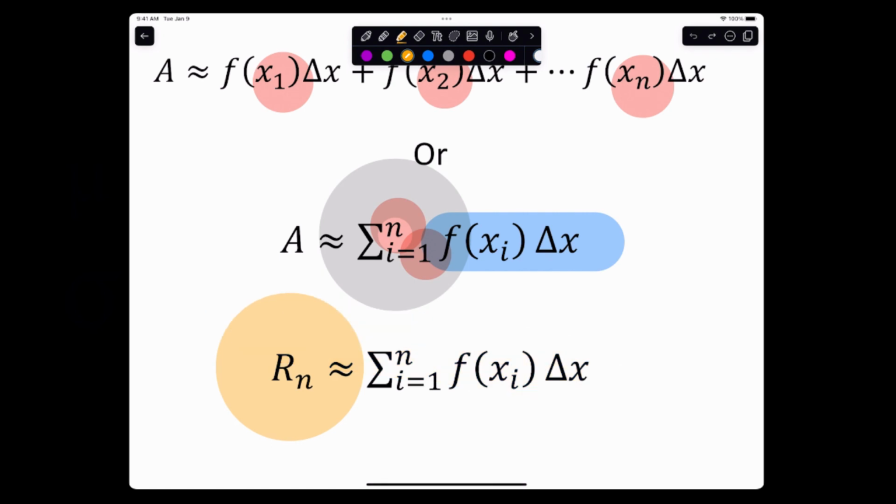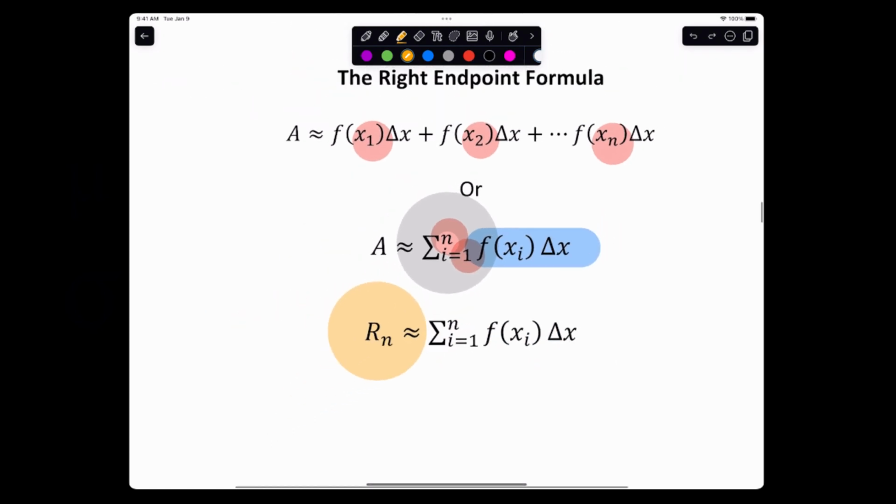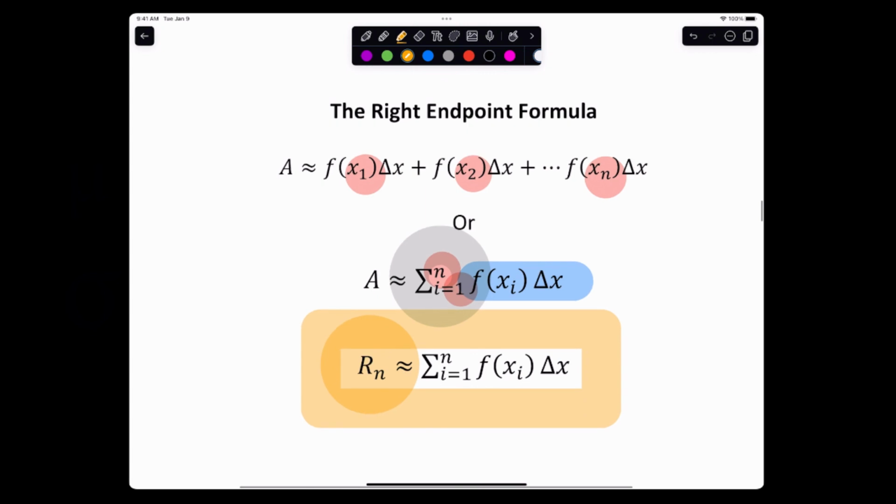This formula approximates the area under the curve, and n is the number of partitions. If you take 10 partitions, n is 10. If you take 20 partitions, n is 20. If you take 100 partitions, n is 100. So n is the number of partitions, and that's called the right endpoint formula.